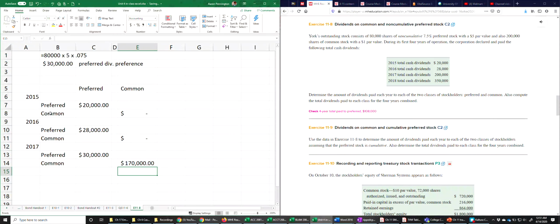In that year, common shareholders would take the 170,000, the differential between the total dividend and the preferred. Now, if they were participating, and the problem doesn't say that, preferred would also get a chunk of this as well. But that's not what the problem asks for.